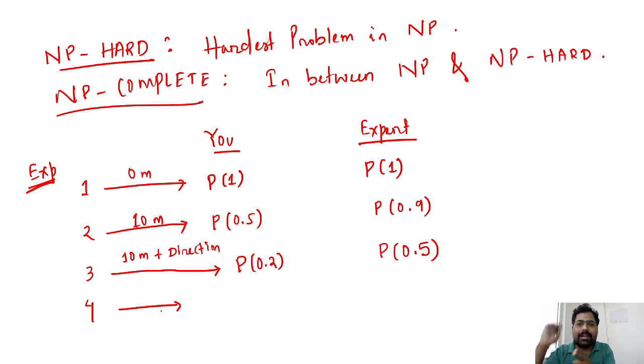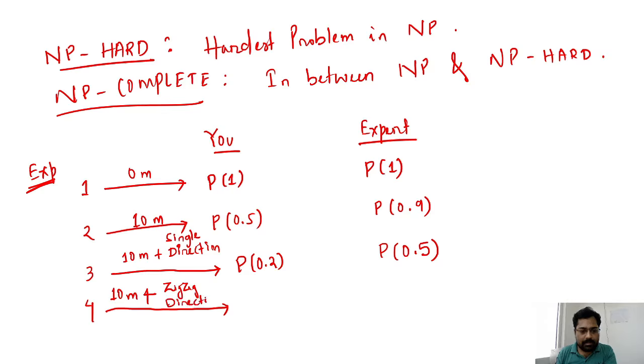For the fourth one, the example is a single direction, 10 meters, plus haphazard movement, or zigzag direction. In that case, your probability is nearly 0.001, which is negligible, practically 0.